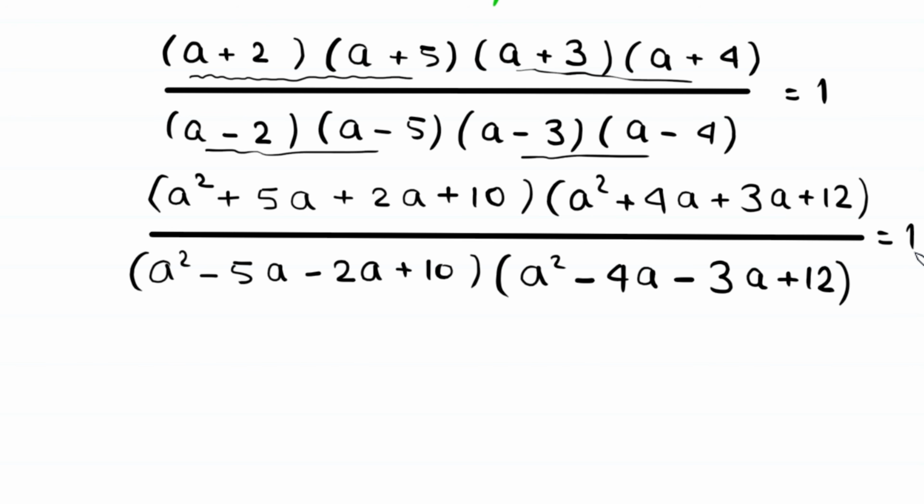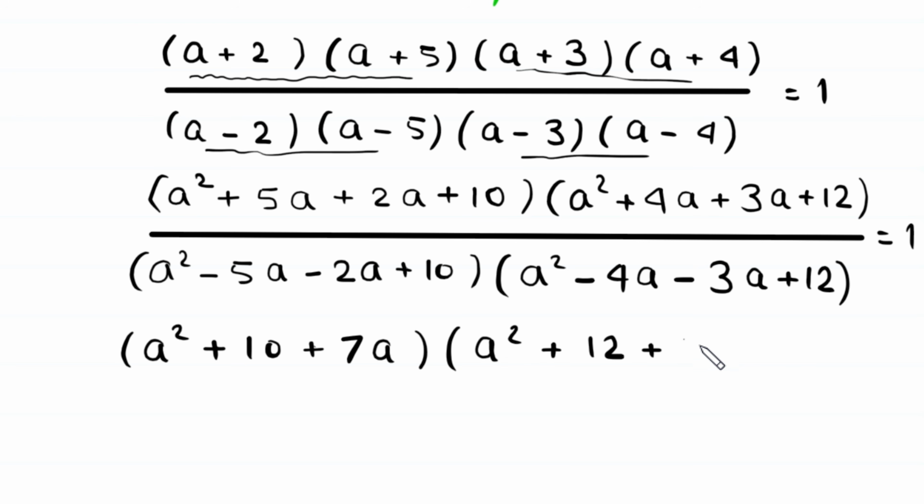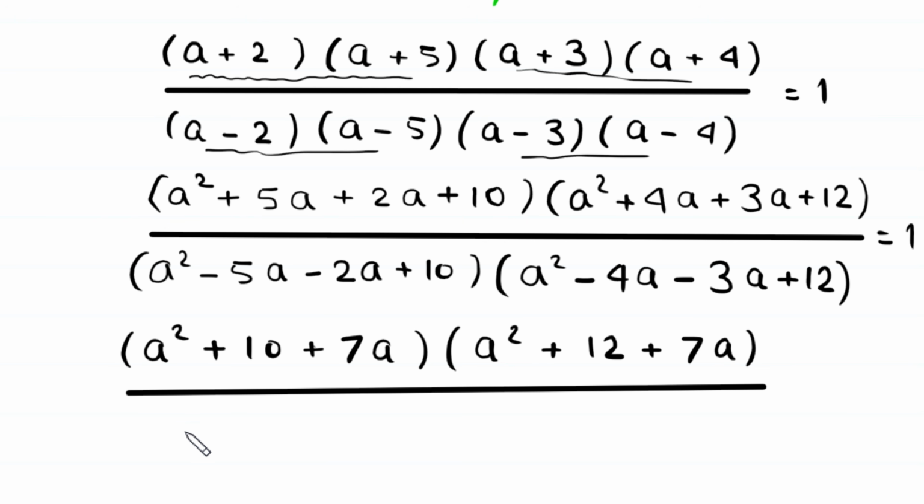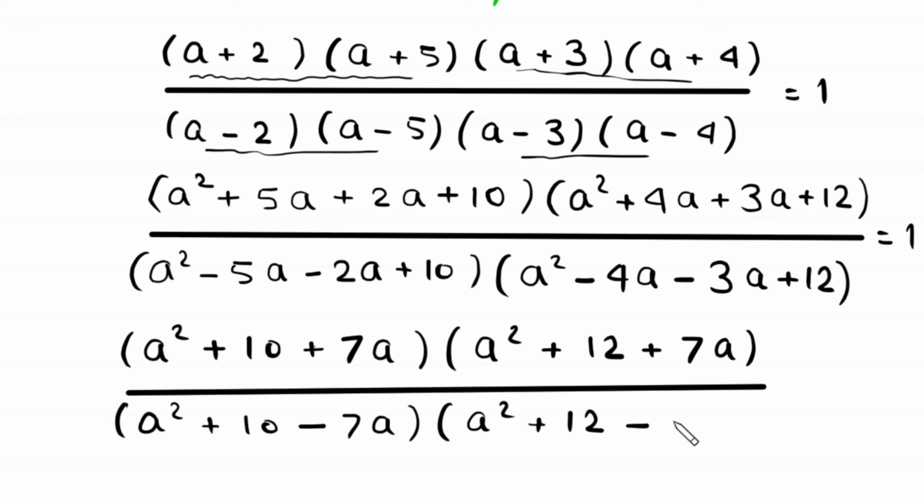equal to 1. Further simplify, this will become (a squared plus 10 plus 7a) times (a squared plus 12 plus 7a) divided by (a squared plus 10 minus 7a) times (a squared plus 12 minus 7a) equal to 1.